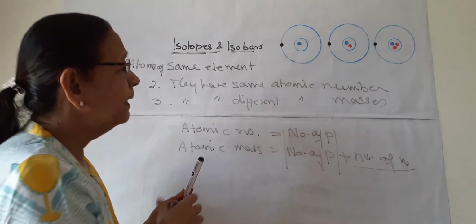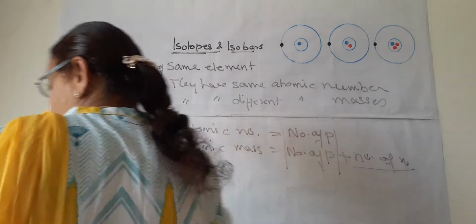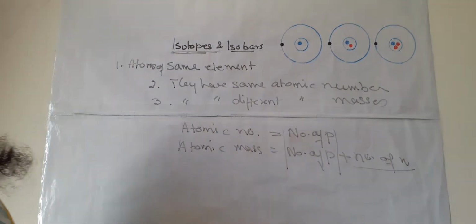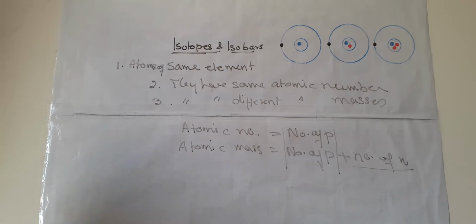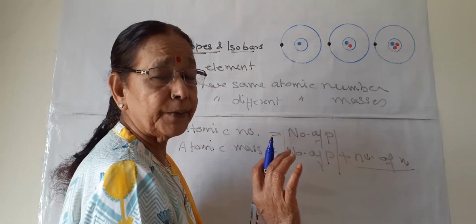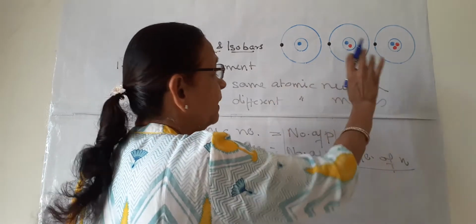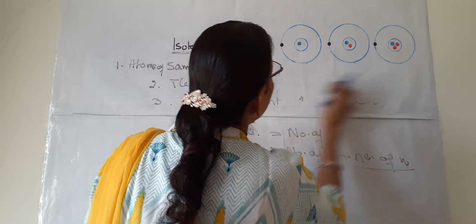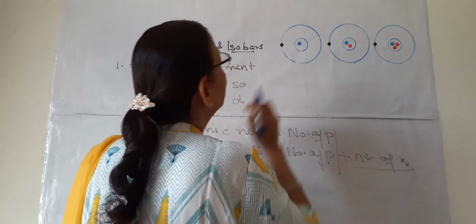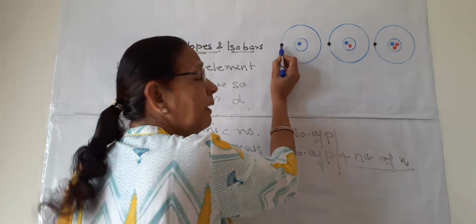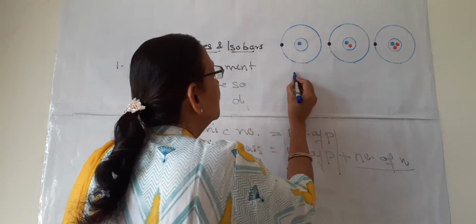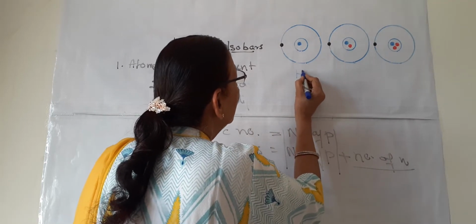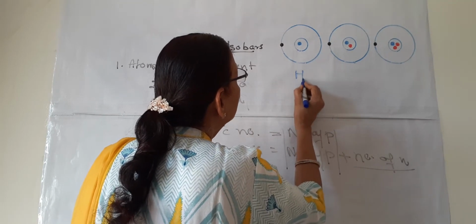So we will see with this example how these isotopes are changed. These are three atoms of hydrogen. We can see that this atom has one proton and one electron. So we can write it like this: hydrogen atom.